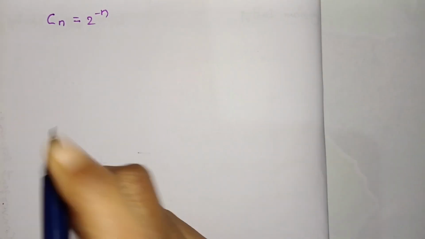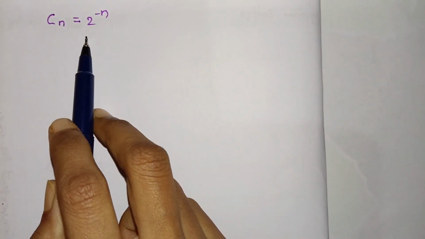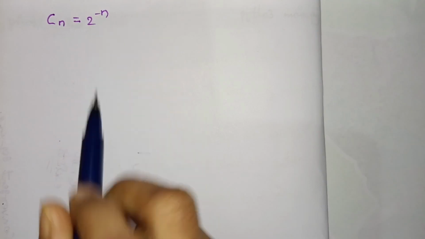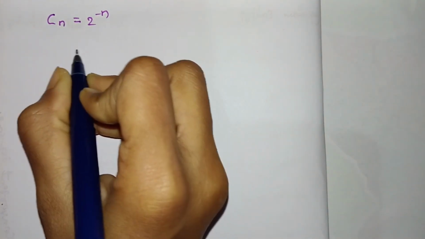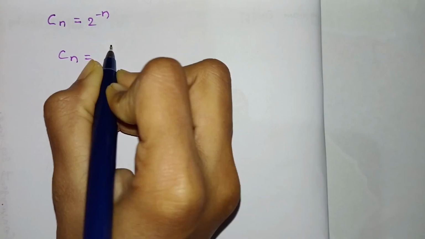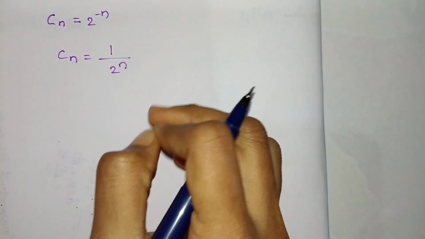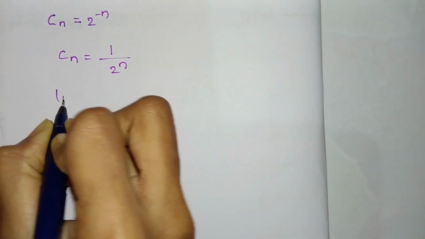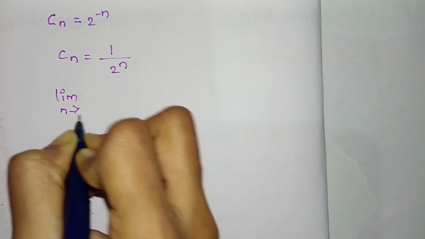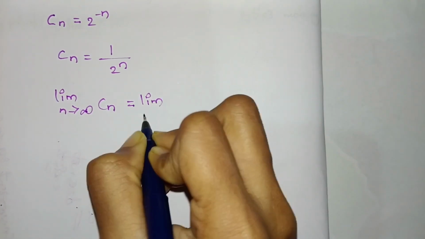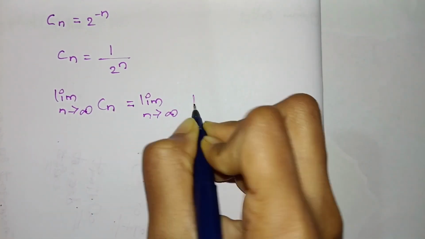Let's see another question. Cn equal to 2 to the power minus n. So here 2 to the power minus n can be written as 1 by 2 power n. So now here also we need to find the limit. Limit n tends to infinity Cn equal to limit n tends to infinity 1 by 2 power n.